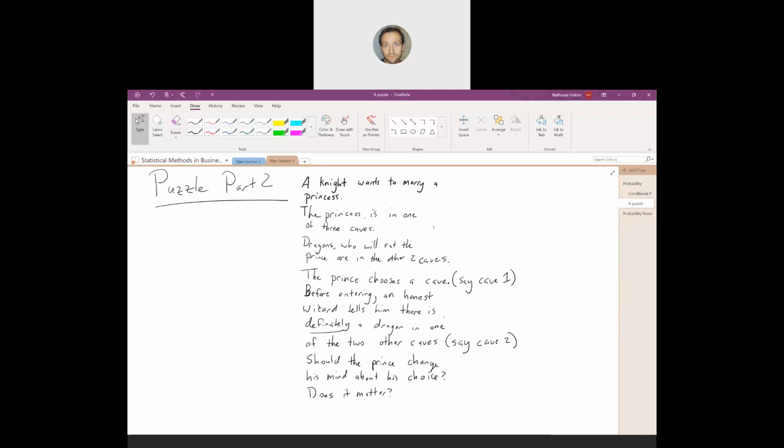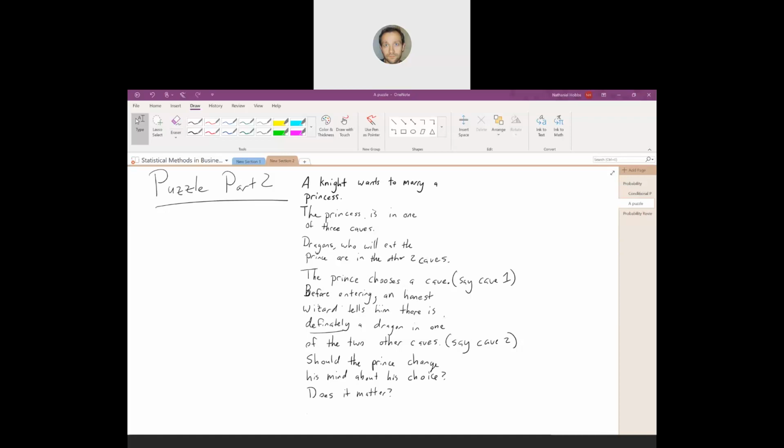And if you can't come up with anything, just let me know what your intuition is, like what your gut feeling is about this. It could be that he should definitely change his mind. It could be that it doesn't matter. Any answer is okay, but try to justify it. So I will put up a clock here and give you 5 minutes.